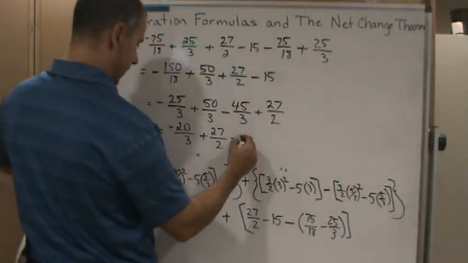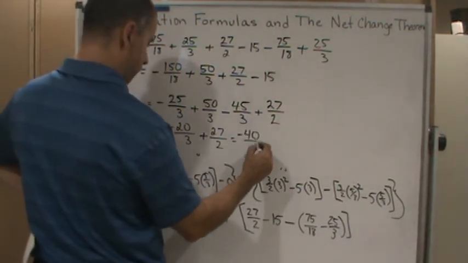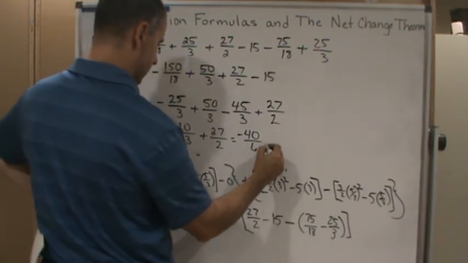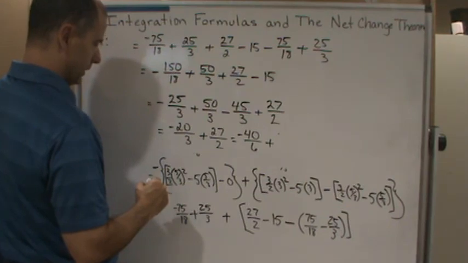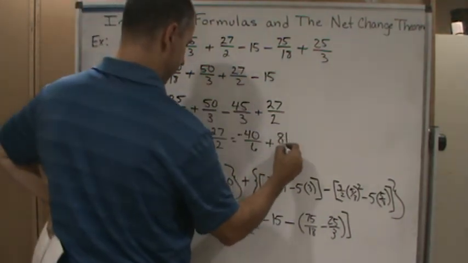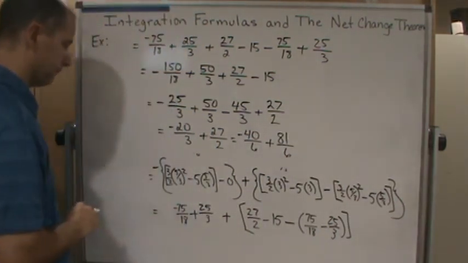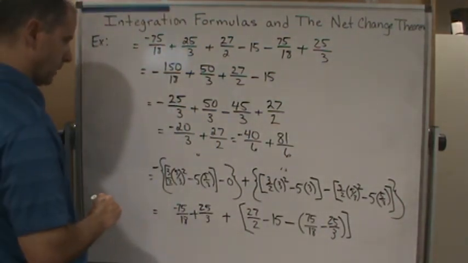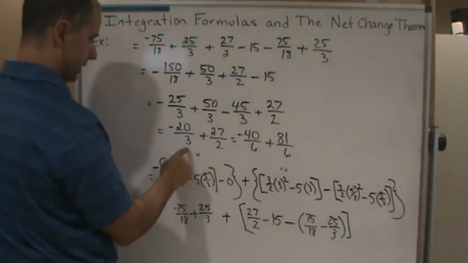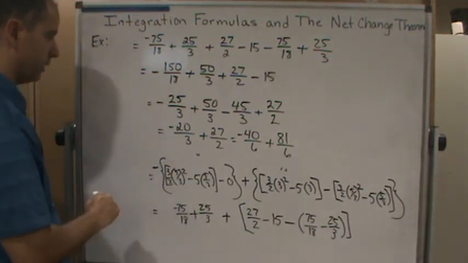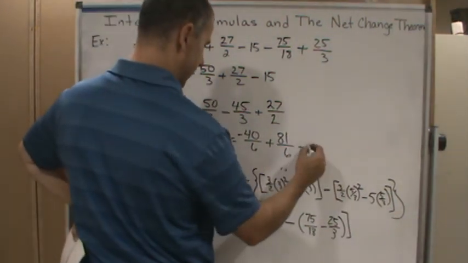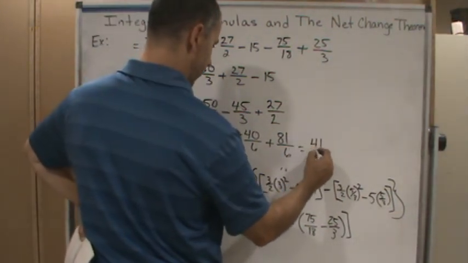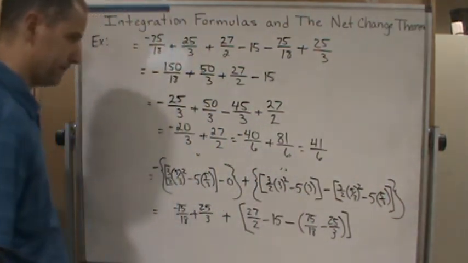Which is going to give me a negative 40 over 6 plus 81 over 6, right? 3 times 20 is 60, and 3 times 7 is 21, so that's 81. So yeah, so now if I subtract these, guess what? I get 41 over 6.